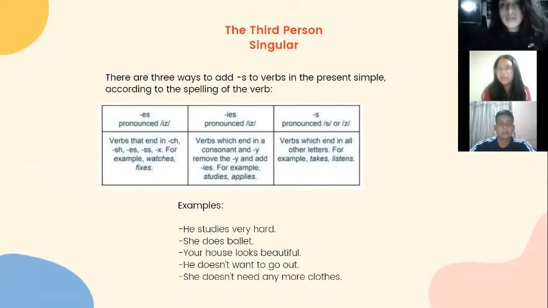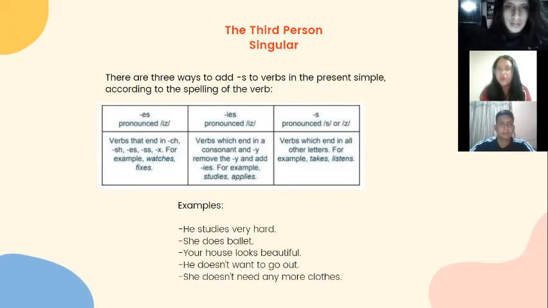The third person singular. There are different ways to add s to verbs in present simple, according to the spelling of the verbs. For example, s pronounced is. Verbs that end in ch, sh, ss, and x add es. For example, watches, fixes.